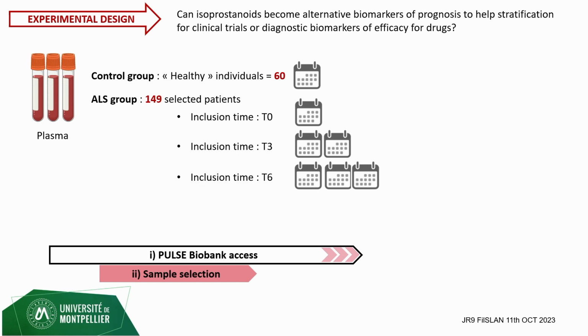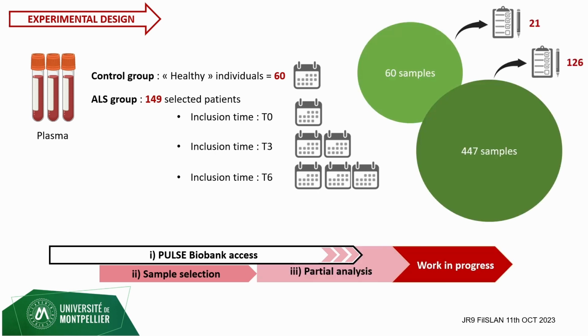We also have plasma from 149 selected patients, with 3 sampling times. We analyzed these samples just at the beginning, as I previously said, and at that time we have analyzed 21 samples from the control group and 126 samples from the ALS group.